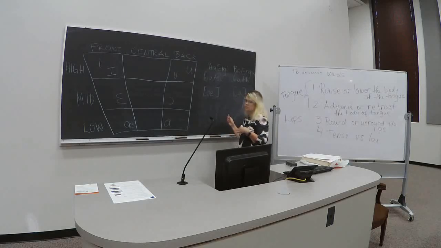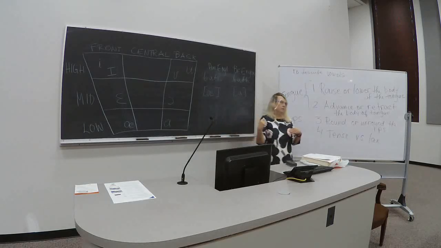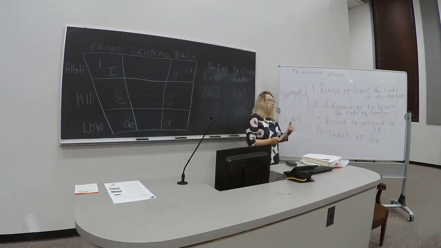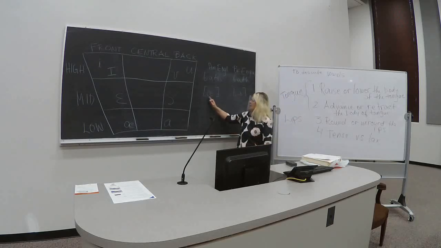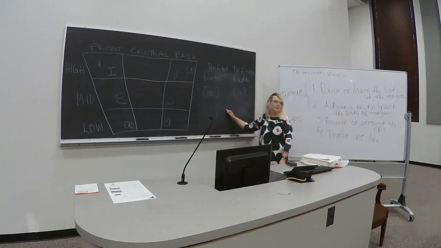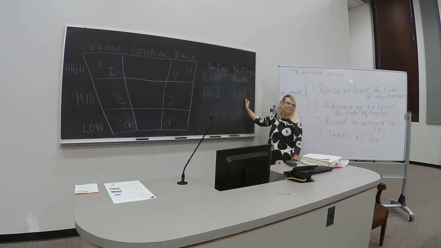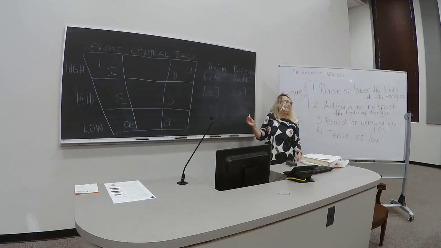And this is the difference between /æ/ and /ɑ/. How do we produce the difference? We keep the tongue at a relatively low level in the oral cavity, and what do we do when we go from the American /æ/ to the British pronunciation? Focus on your tongue. You retract it.